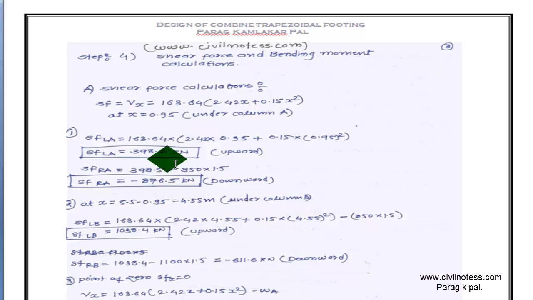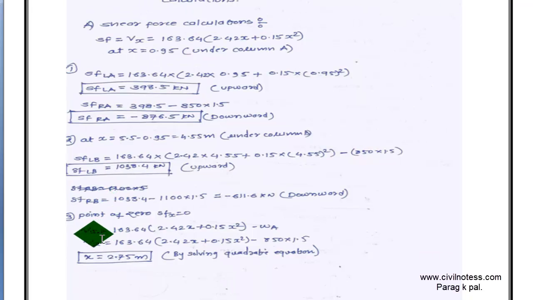Subtracting the shear force at left A gives the shear force at right A. Now we want the shear force at column B. Place 5.5 total length minus the last projection, so it is 4.55. You get the shear force at left B, then the shear force at right B. Very easy. Now you have to see where the point of zero is.